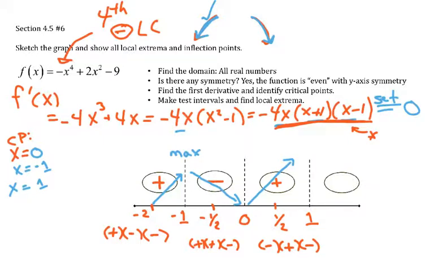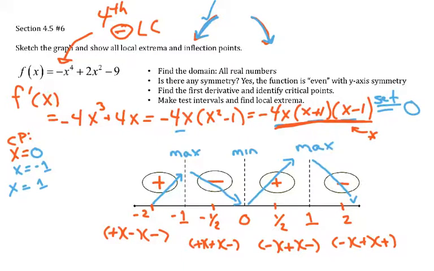So this is a minimum at x equals 0. One last test interval we can plug into our three factors. The first factor will be negative, then we have positive and positive, which means my derivative is negative, so my original function is decreasing. So this is also a max.